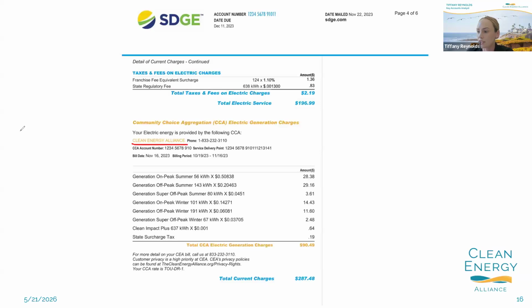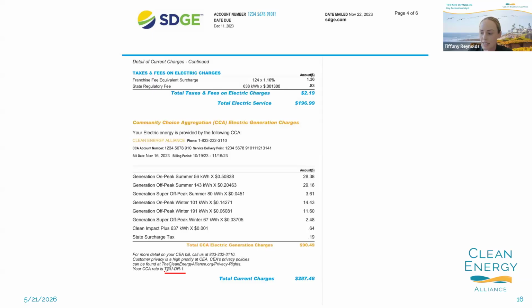So on this section of the bill, you'll find this again around page 4 or 5. If you have solar on your home, it may be a little bit further down. On this bill, one important thing to point out is your rate. That's going to be here at the bottom. This is your CCA assigned rate.